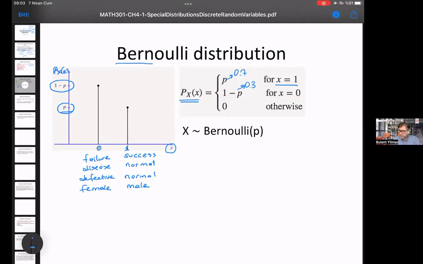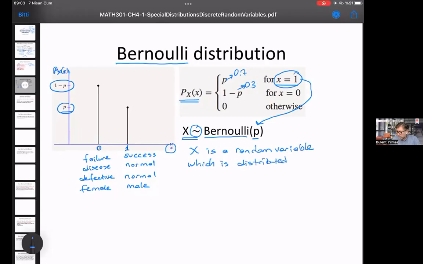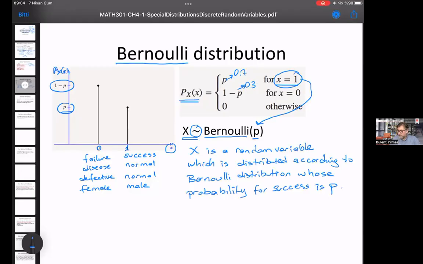Okay, it's called Bernoulli distribution. This name is coming from a mathematician. We represent it like this: X is a random variable which is distributed according to Bernoulli distribution, whose probability for success is P. Okay, so that's a kind of representation.